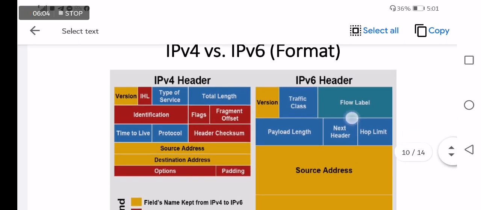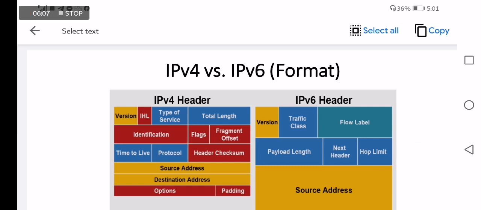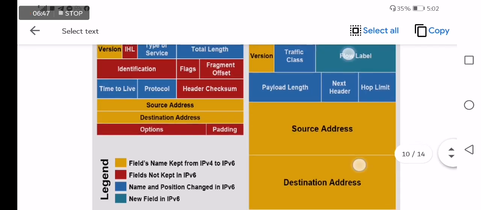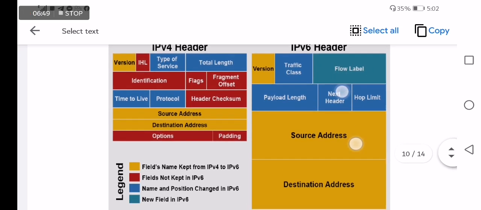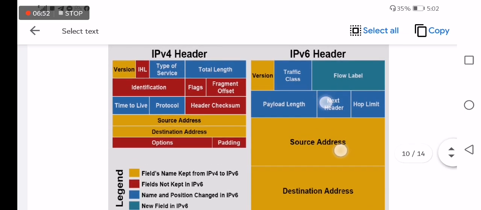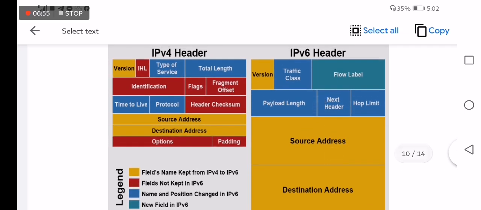Let us describe IPv4 and IPv6 in terms of protocols and headers. The comparison here shows the colors for each type of field correspondence between v4 and v6. The yellow fields in the v4 header are maintained with the same name from IP version 4 to IPv6.